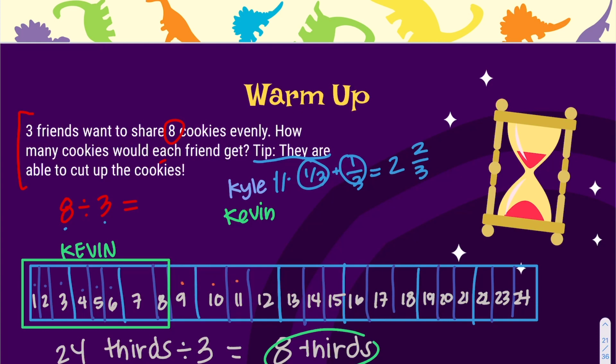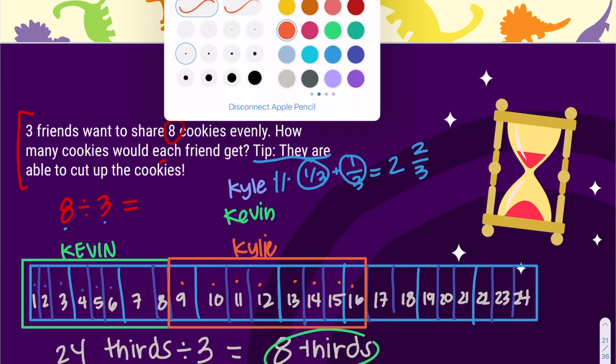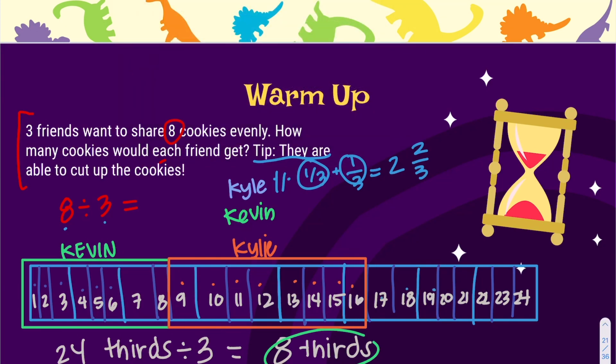So we have 1, 2, 3, 4, 5, 6, 7, 8. Kylie. And then lastly, we have Kyle. 1, 2, 3, 4, 5, 6, 7, 8. So the rest of it is Kyle's.